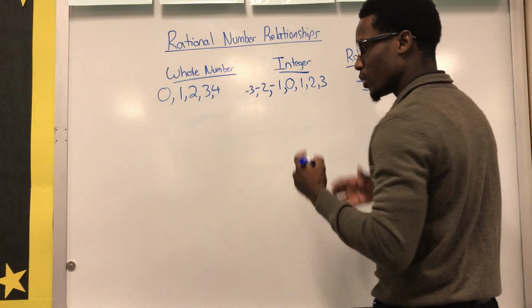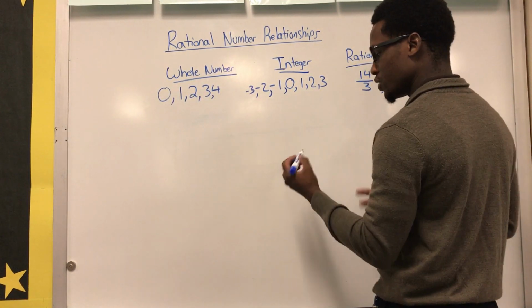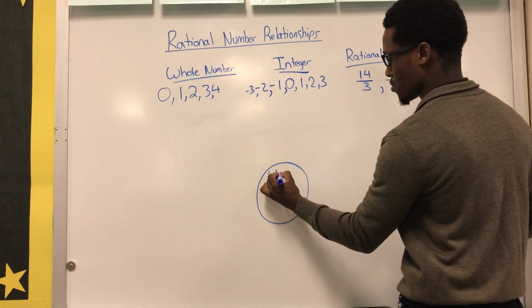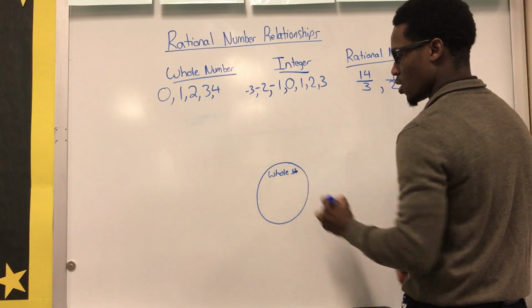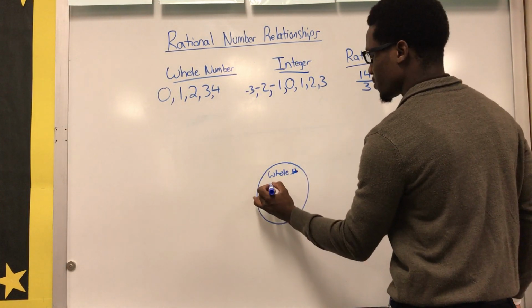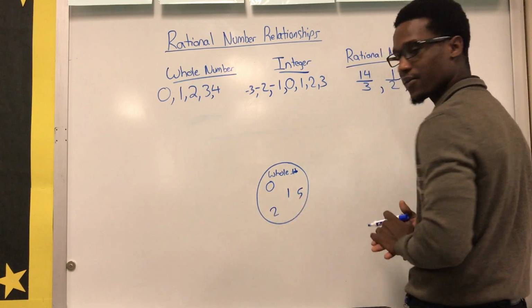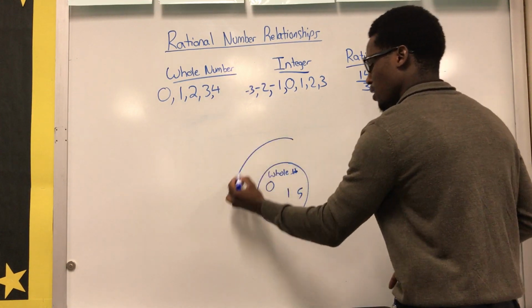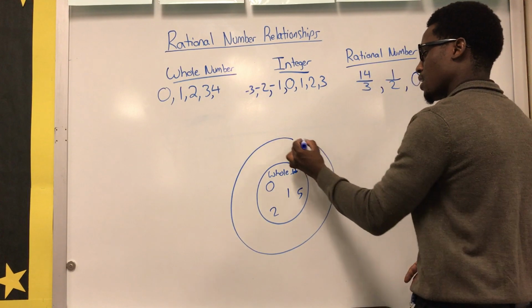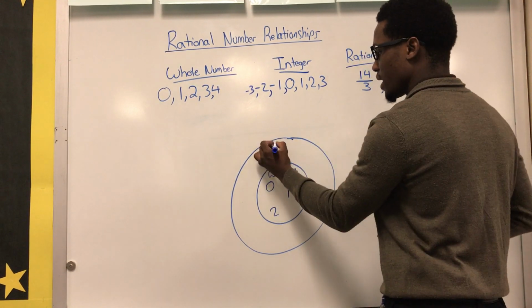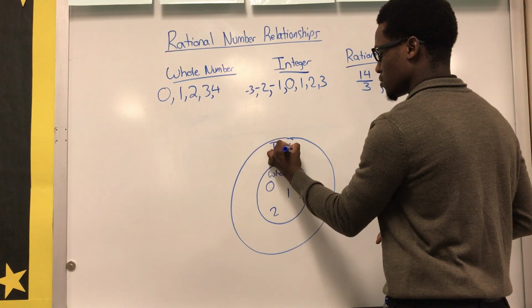Now, the way we classify these, we could do a Venn diagram. So let's start with whole numbers. Whole numbers will be right here. That includes numbers such as 0, 1, 2, and 5. Now, within this set of numbers, we have integers.